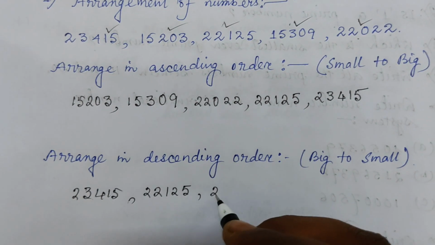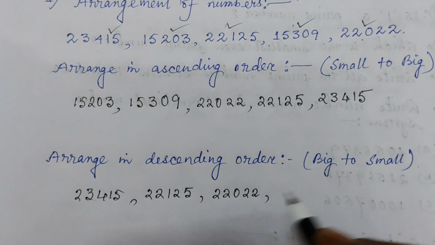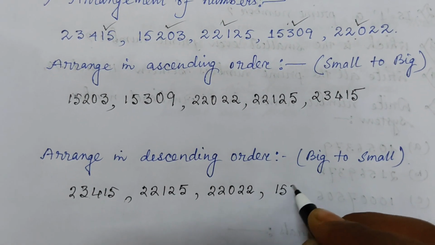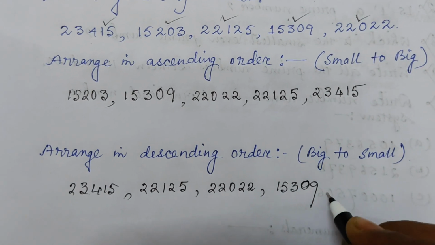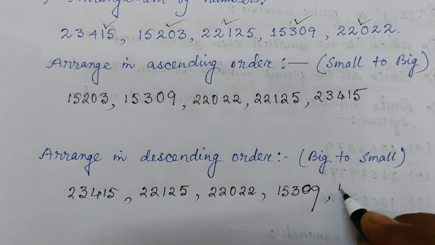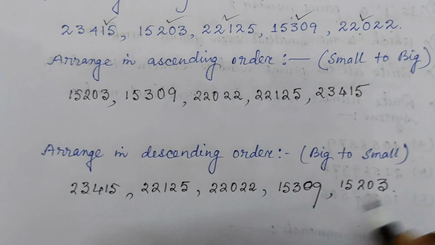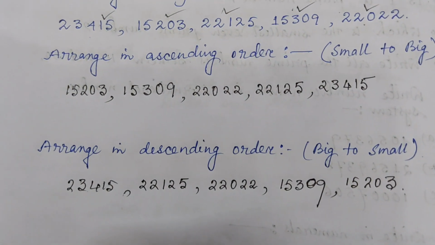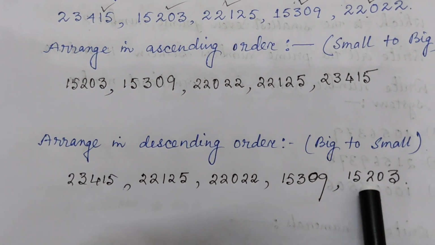Then 22,022. Then 15,309. Then 15,203. So the numbers are arranged in descending order.